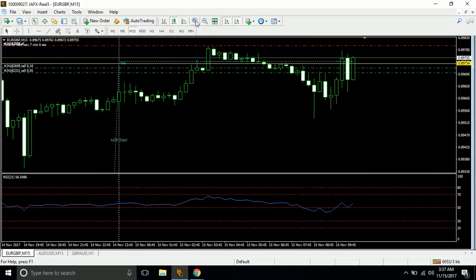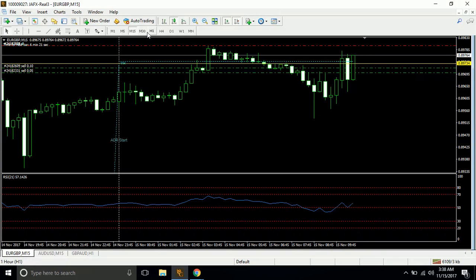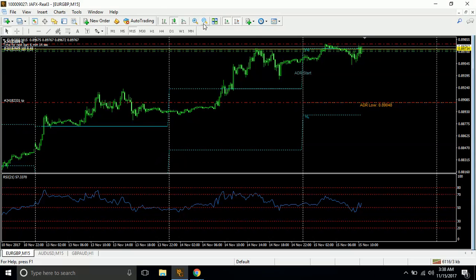Look at this euro pound. Alright, we got our stops right above this high on this euro pound, so as long as we don't head up.